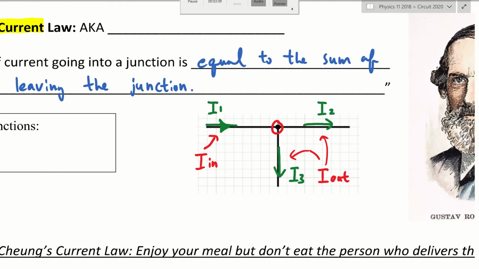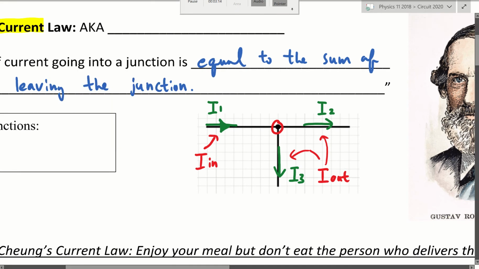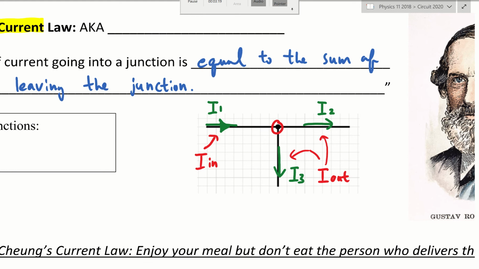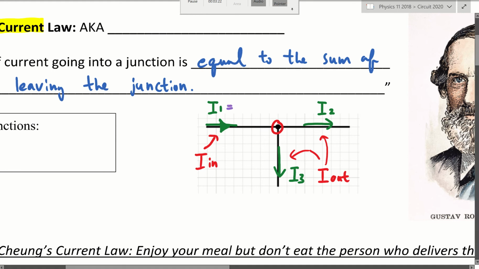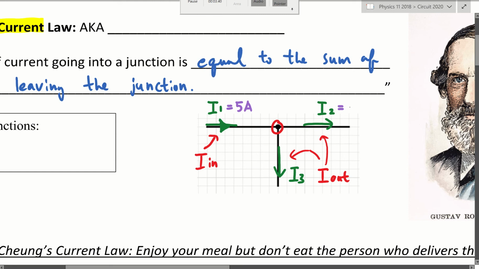Remember, current in our model can be looked at as electrons running in a circuit. So for example, if I'm Pizza Hut and I have my pizza joint, let's say I have 5 amps of current going into the junction, 5 people going into this little corner. Then how many people should exit that corner? 5, right? So for example, let's say I2 has 2 people coming out, then I3 would have 3 people coming out.